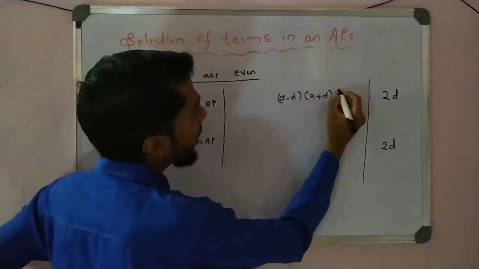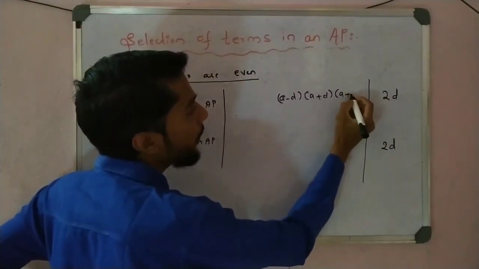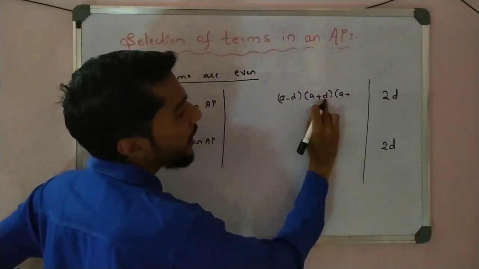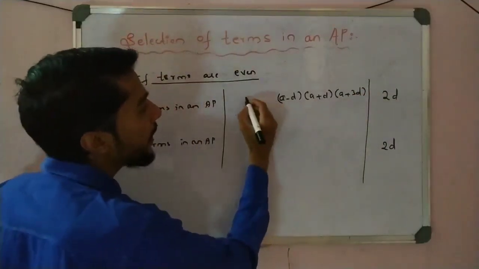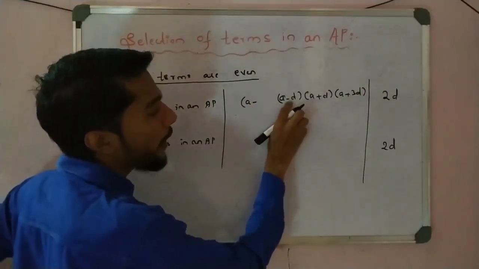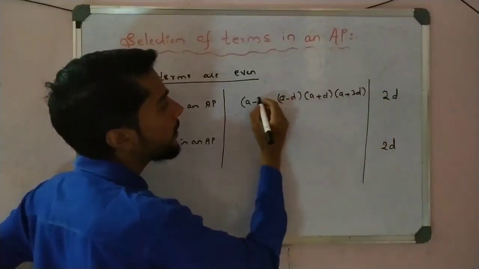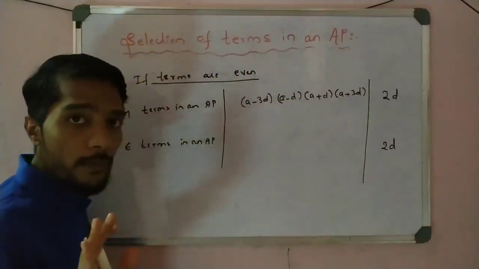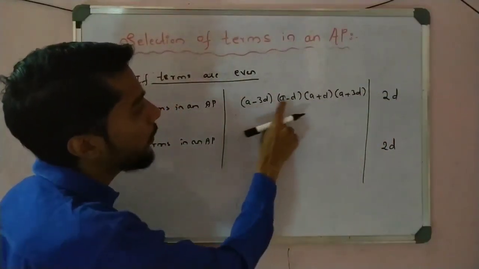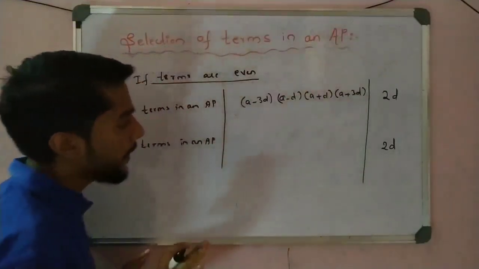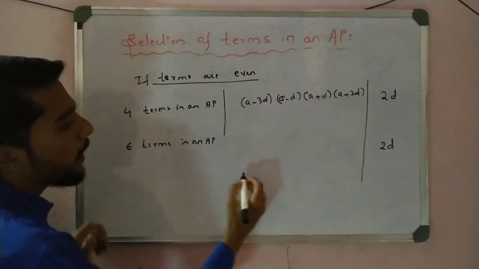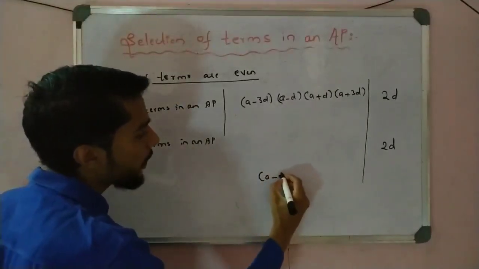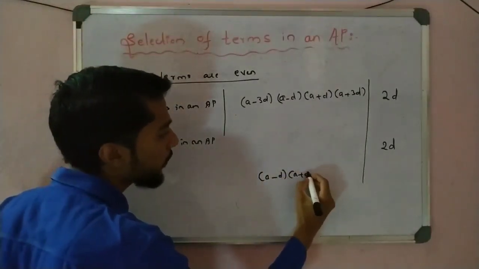On this side I write a plus d, then d is already there and 2d more means 3d. On the other side, minus d, minus 2d, and minus 3d, like that. Simple, there is no confusion. So 1 term, 2 term, 3 term, 4 term. Now for 6 terms, more place is required. Here a minus d and a plus d are fixed.